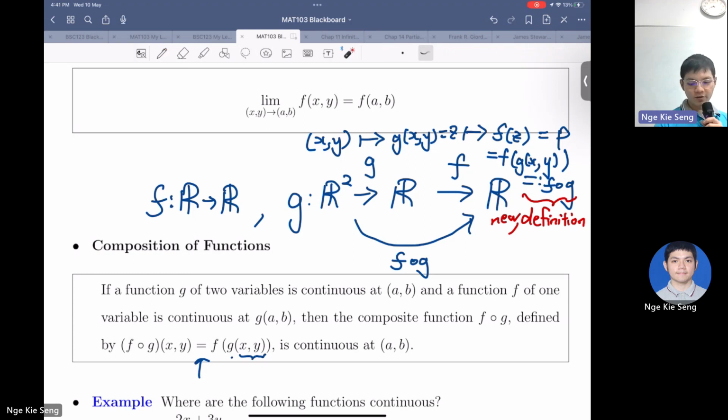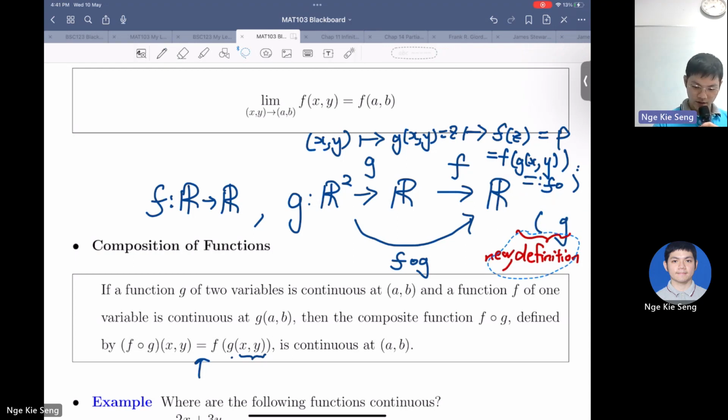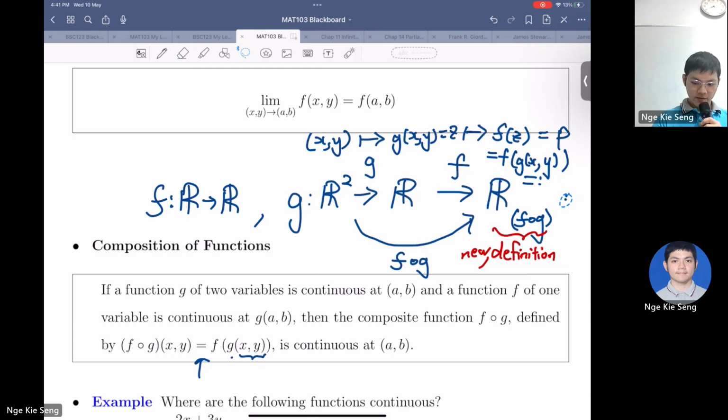At first, you only know how to evaluate a function at a point. So this is the definition of f composed with g at the point (x,y). Let me move the wording down. This is a very important definition.